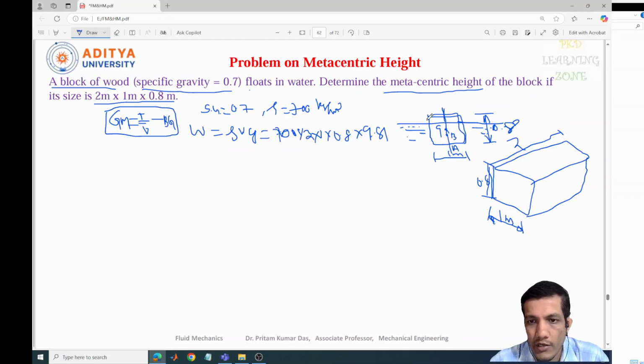Now, due to this wooden piece placed in water, we consider the weight of water displaced.